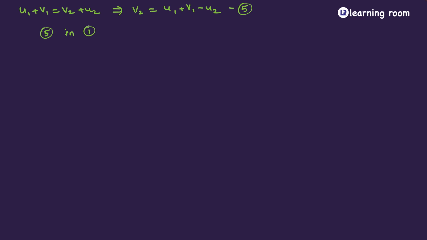The first equation is m1 into u1 minus u2 is equal to m2 into v2 minus v1. So m1 into u1 minus v1, I am leaving it as it is, equal to m2 into the value of v2, u1 plus v1 minus u2.